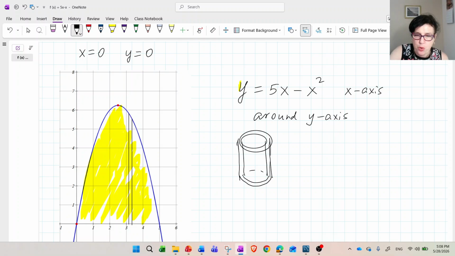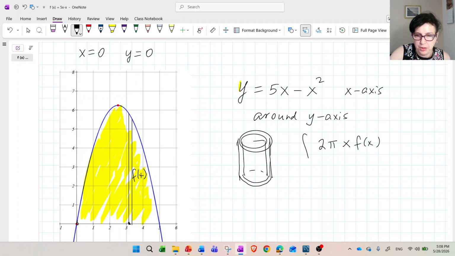It can be shown that the volume of the shell is going to be 2 pi, and then this distance, which you can assume is x. Just think of the distance from here to over here. That's x. Then you multiply it by the height, which in this case is f of x.